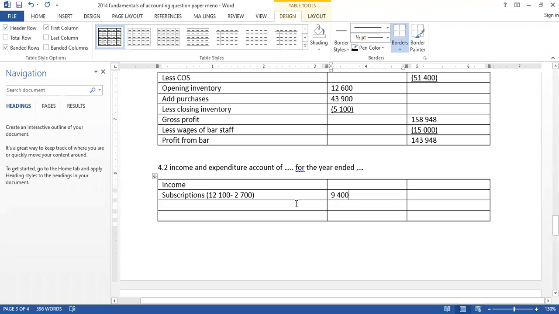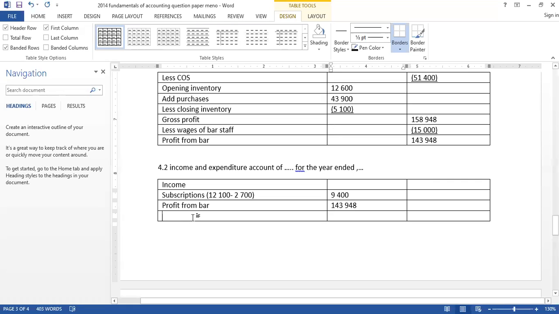So our total subscriptions for the year is 9,400, and then we record again our income, which is profit from bar. So how much is our profit from bar? 143,948.